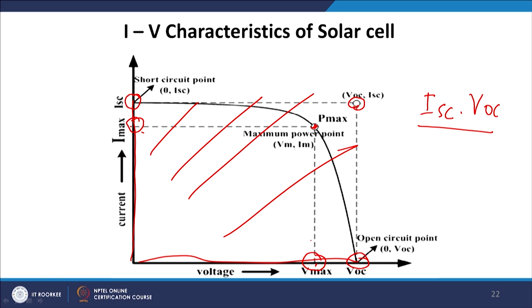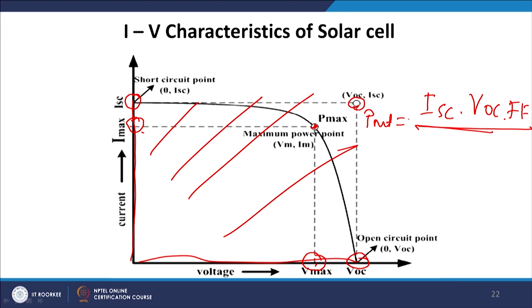So, to get the power output for a real solar cell, I have to multiply the current times voltage by a quality factor called the fill factor. This term gives me the total power output, or you can write it as P output. Now, if I divide by P input, what does it give?